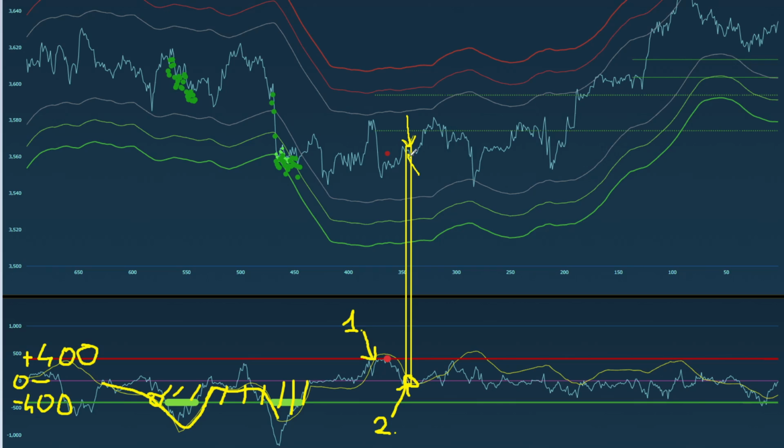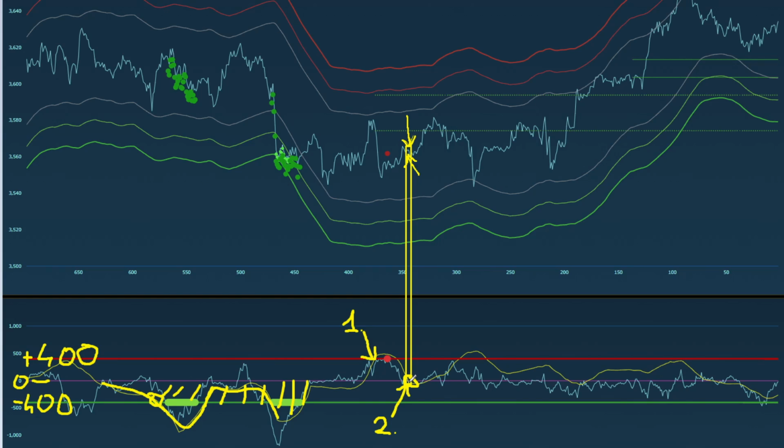Okay. So this is just based on the Momo 2 indicator. It will tell you that, okay, we have a trend change, and like I said, we want to start looking for longs.